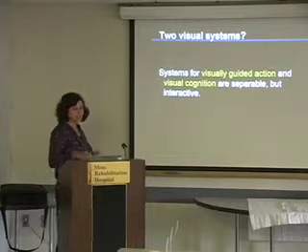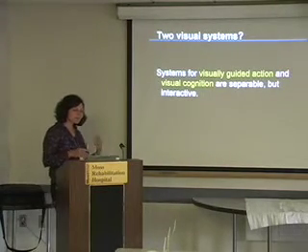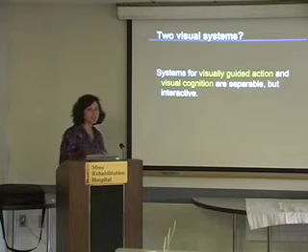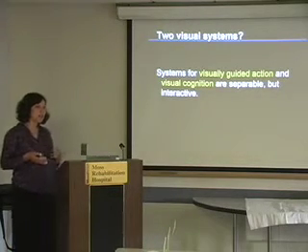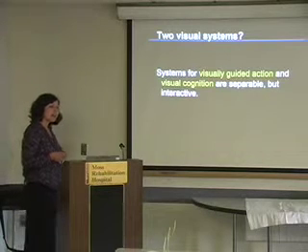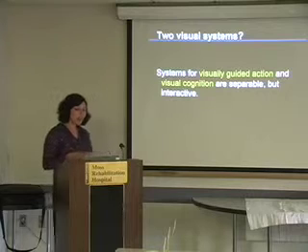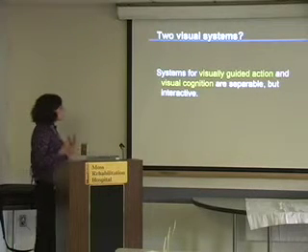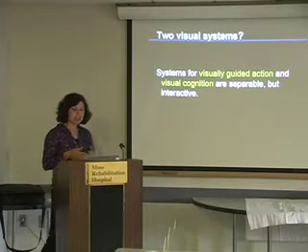My interest in graspable objects, and specifically in tools, comes from one view of visual processing that suggests two somewhat separable visual processing systems. One mediates visually guided actions towards objects, and another mediates more visual cognition, or what you know about objects.